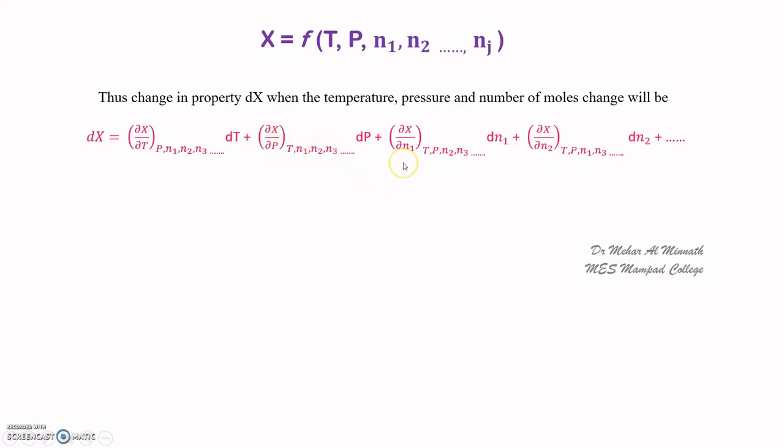Now you come to the third term, dou X by dou N1 at T, P, N2, N3, etc. constant. That is, you are changing the number of moles of the first component. The rest are constant. Similarly, the next term, dou X by dou N2 at T, P, N1, N3, etc. constant. N2 is a variable while the rest are constants.